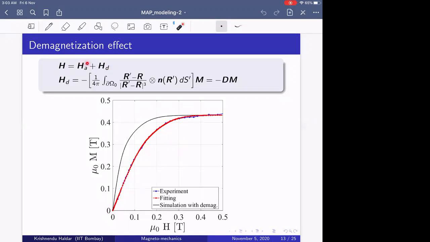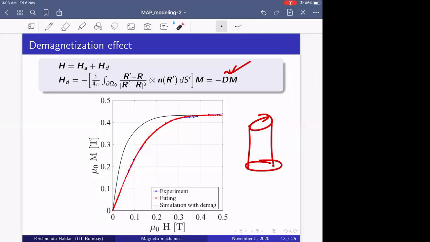So we know HA, which is applied from this Halbach array, but this HD field you compute with the demagnetization factor, which is available, even for the cylindrical case, which is like our case here, a dog bone specimen. We're just eliminating the effect of the two ends and considering the cylindrical geometry, and this D is available for it.